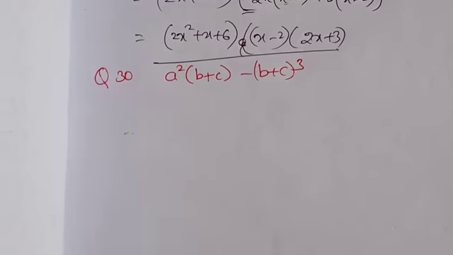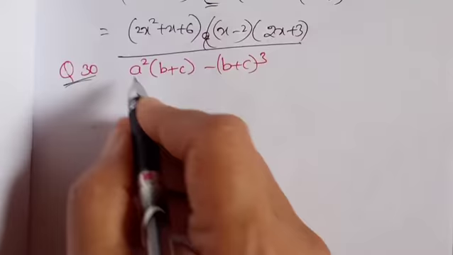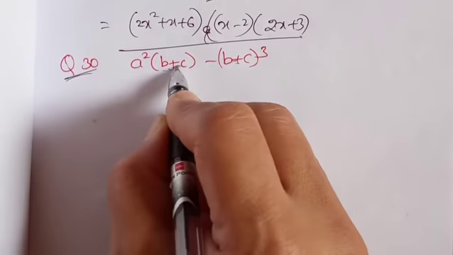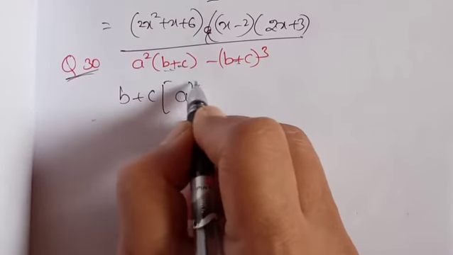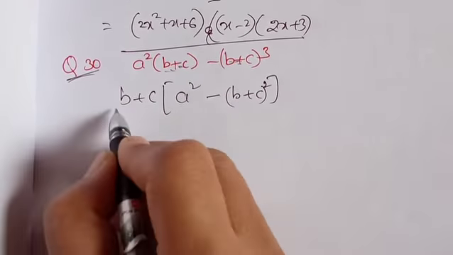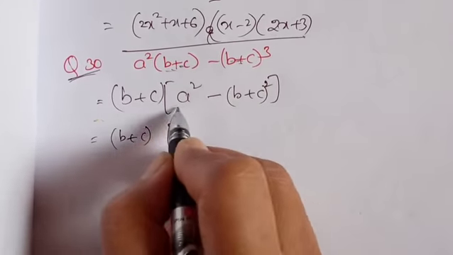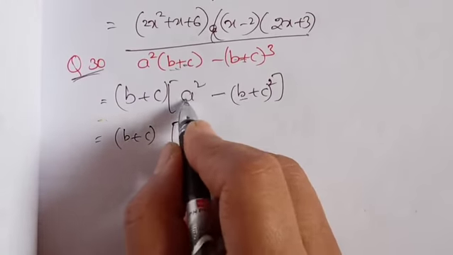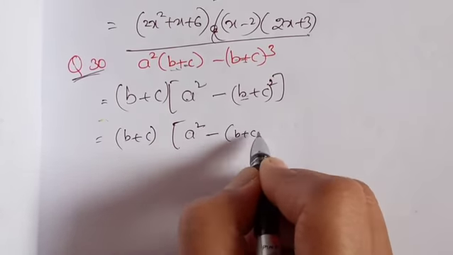Yes, the last one is easy only, but let me complete it. You can also solve it very simply. It is directly given to us: b plus c is common. So b plus c is common, a square is left, b plus c whole square is left, and the difference of squares we got in brackets. Now we will directly write a square minus a b plus c.